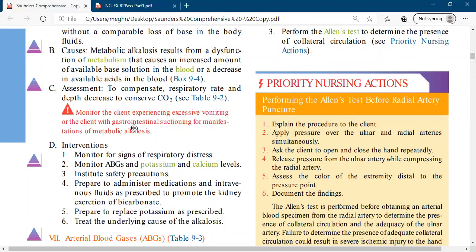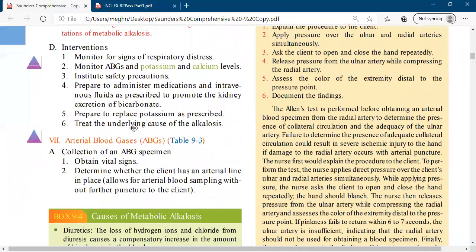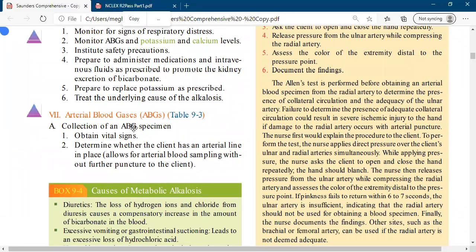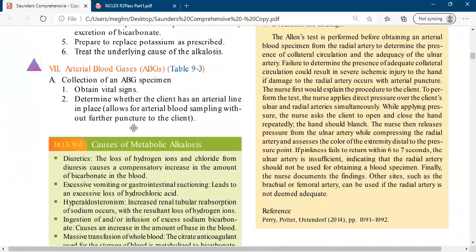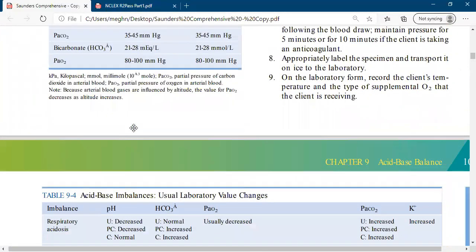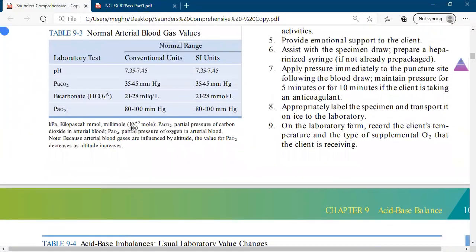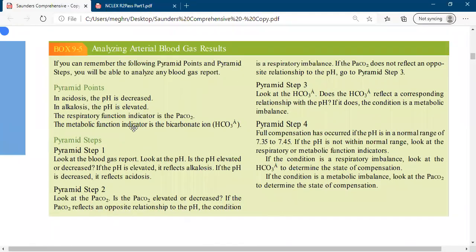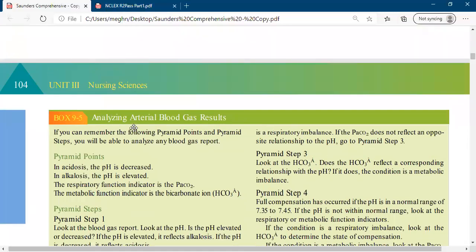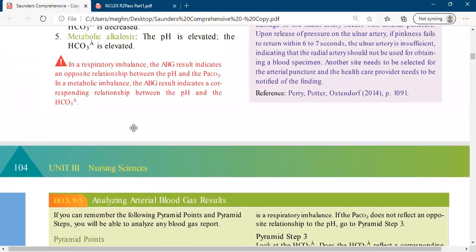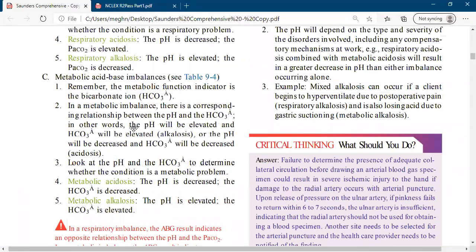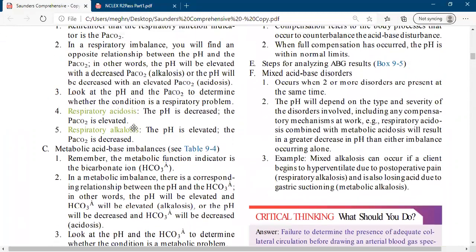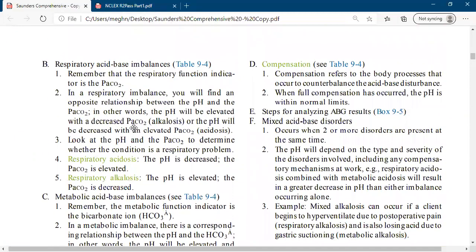increases, and the patient develops metabolic alkalosis, right? And here is arterial blood gas analysis. Arterial blood gas analysis can help us understand the concentration of hydrogen ion, or the pH, right?